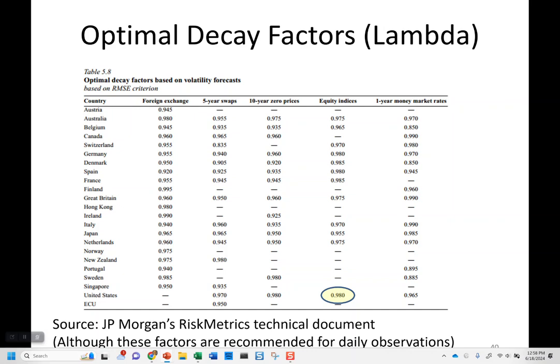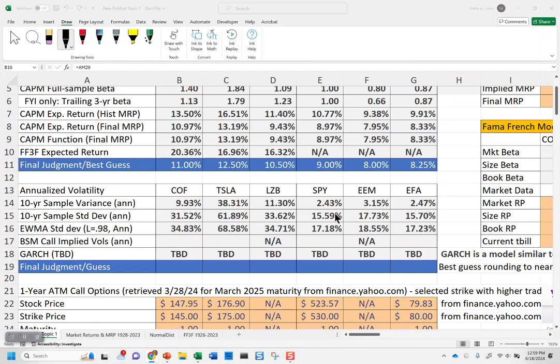What if you set up this scheme and you have, say, 10 years of data, and you keep taking, say, 1 year, 5 year subsamples. And what you do is you just find what lambda is the best predictor of volatility the next month. And it just so happens for stocks, US equities, 0.98 over this period of time was the best lambda to predict. And I want to spend a little minute talking about lambda again.